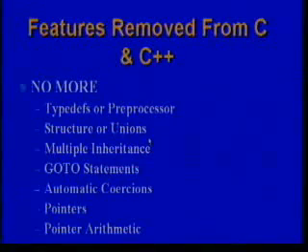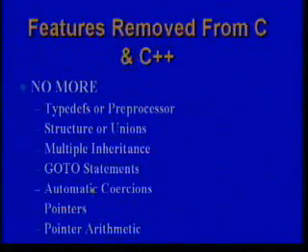Now, as discussed in other presentations, some of the drawbacks of C and C++ have been removed in Java: typedef, preprocessors, structures and unions. You have simply the one class concept, and multiple inheritance, which complicates the program hierarchy, is gone. Also removed are goto statements, automatic coercions and pointer arithmetic.